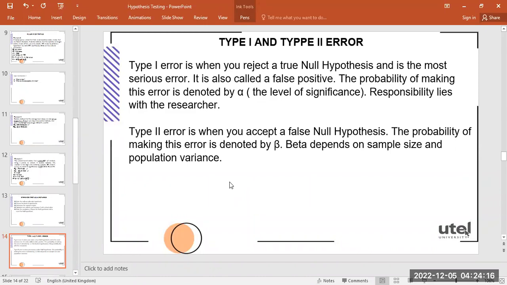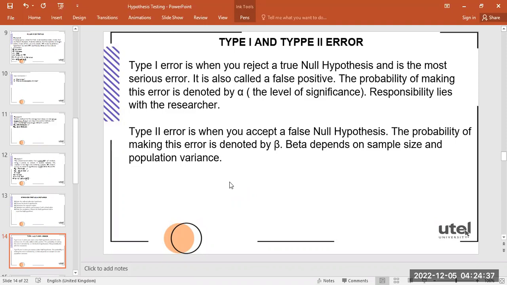But before we do that, permit me to talk about two important types of error. The first one is known as the type 1 error. The type 1 error is what is referred to as the level of significance, and it is the most serious error that could be made.